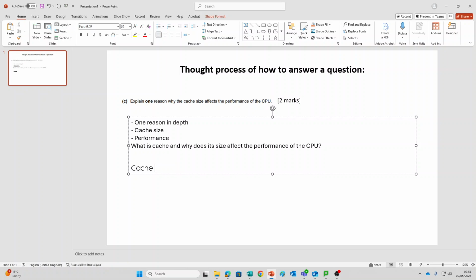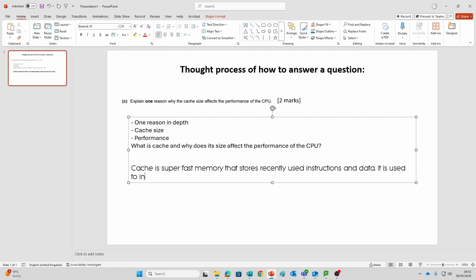Cache is super fast memory that stores recently used instructions and data.